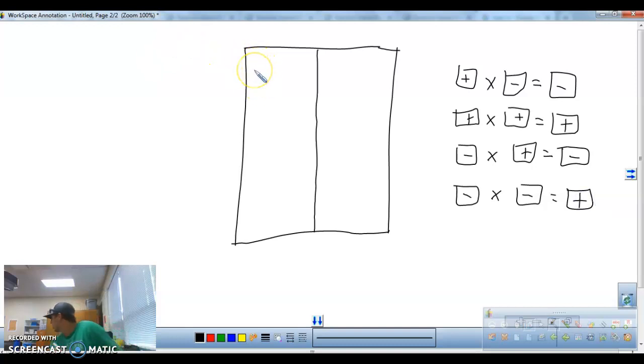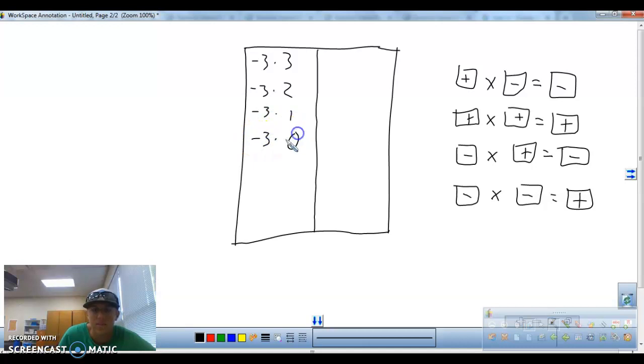Okay, so we've got another chart here. We start with negative 3 times 3, negative 3 times 2, negative 3 times 1, negative 3 times 0, negative 3 times negative 1, negative 3 times negative 2, and negative 3 times negative 3.